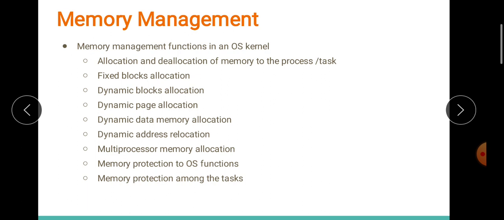See, in fact, all these functions you can elaborate just by knowing the names, right? What have I said in the case of dynamic data memory allocation? Your memory manager will allocate memory dynamically to different data structures, right? The next function is dynamic address relocation. So I guess you can easily elaborate that.